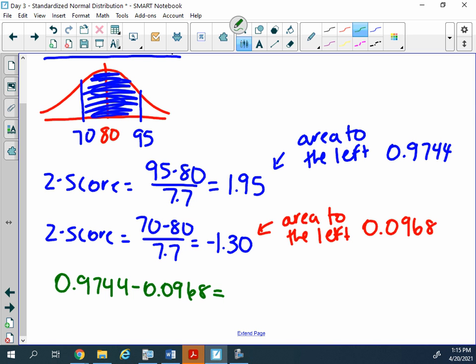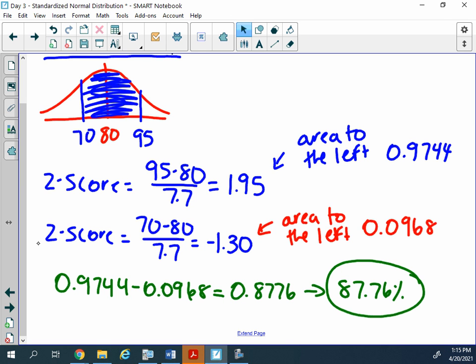It wouldn't make sense to have a negative percentage. So if we are subtracting, do the larger minus the smaller value. And when we do, we get 0.8776. And we change this into a percentage, so we get about 87.76%. So yeah, change things into a percentage at the end of the problem.